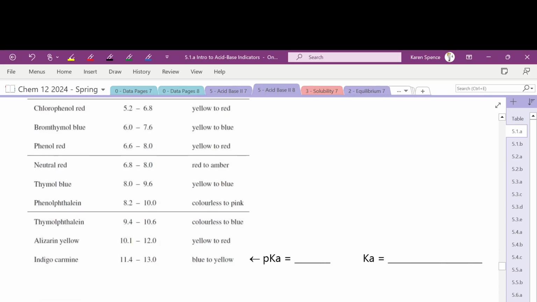Let's calculate our pKa and Ka for indigo carmine, which if anyone ever wants to name their child indigo carmine, I would think that would be really cool. And you should see if you can get in contact with me and let me know that you did that, because I would be like, oh, that is the coolest thing ever.